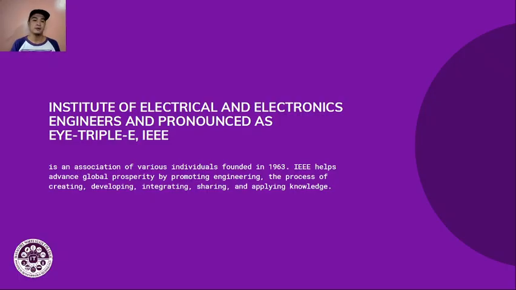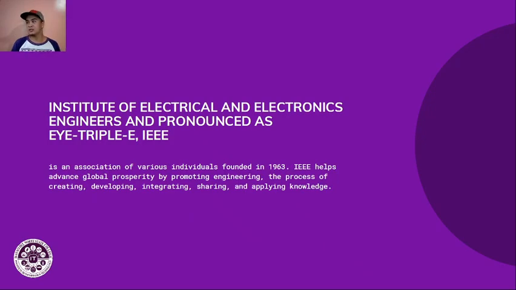Okay, now let's talk about IEEE. That's the Institute of Electrical and Electronics Engineers, or we say IEEE. It is an association of various individuals founded way back in 1963. IEEE helps advance global prosperity by promoting engineering, the process of creating, developing, integrating, sharing, and applying knowledge.